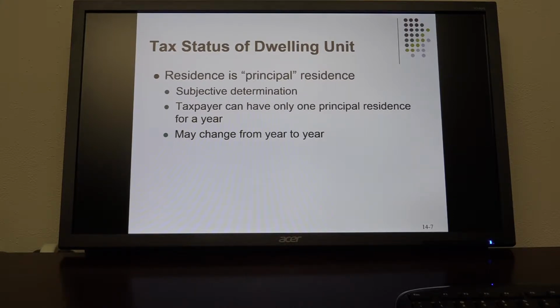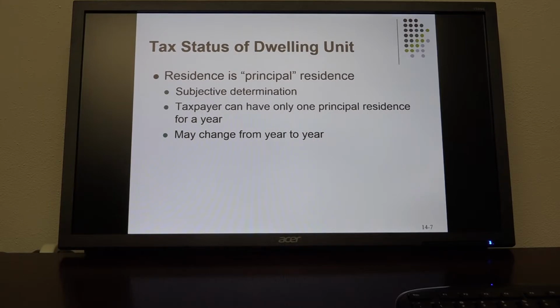Some of those are the amount of time the taxpayer spends at each residence during the year. Usually the one where they spend most of the time is going to be the principal residence for that year. The proximity of each residence to the taxpayer's place of employment.